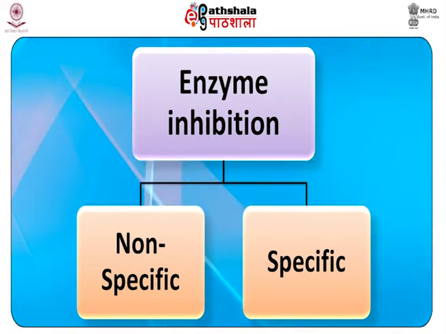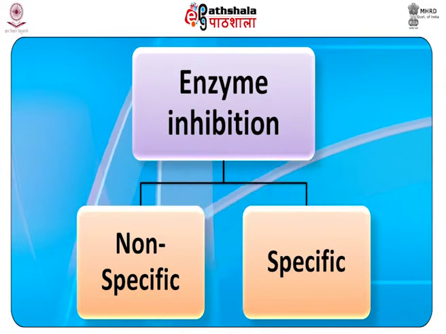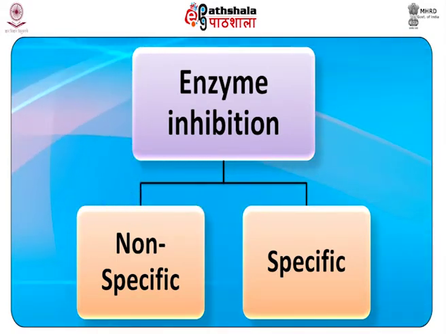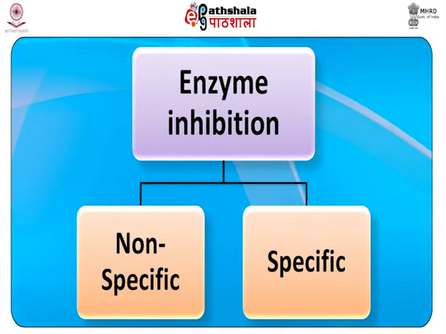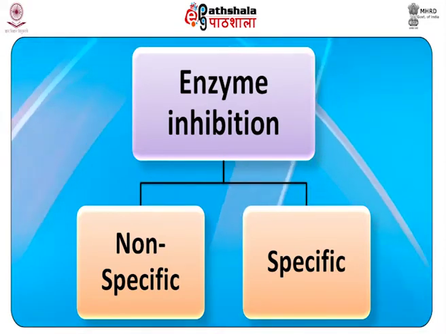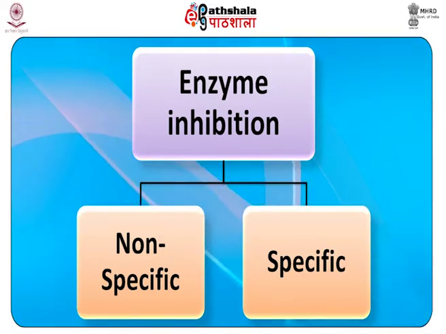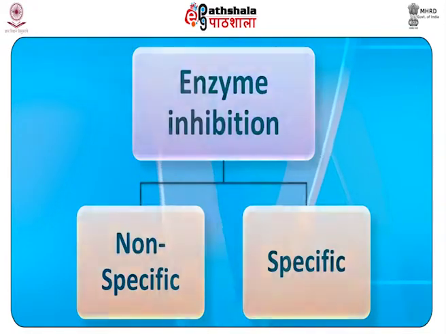Non-specific inhibition: denaturation of proteins by strong acids, heavy metals, alkalis, alcohol, phenol, etc. Then specific inhibition. They are divided as per the effect of fluctuating intensity of the enzyme's substrate on the inhibitor.